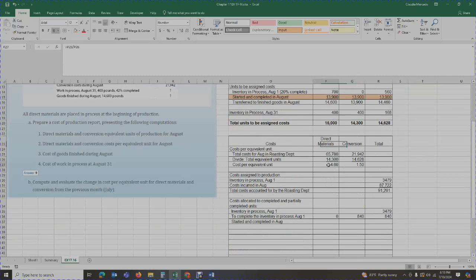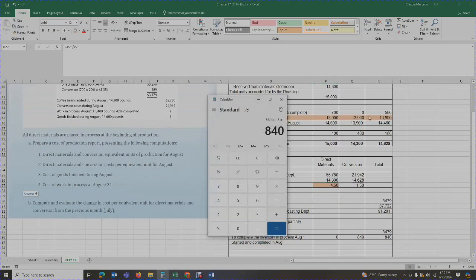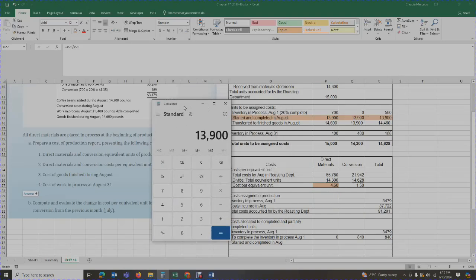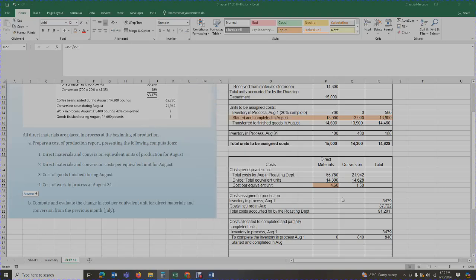We're going to get those 13,900, and for my direct materials, my cost per unit is $4.60. So we're going to multiply the 13,900 by my cost per equivalent unit of 4.60. That gives me 63,940.